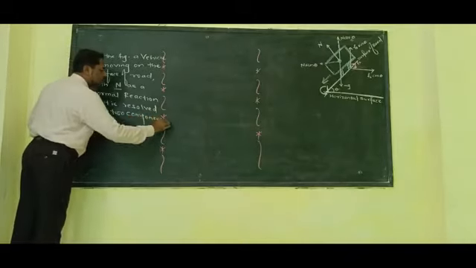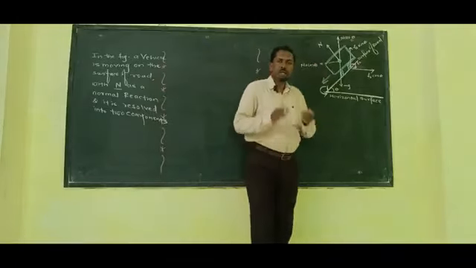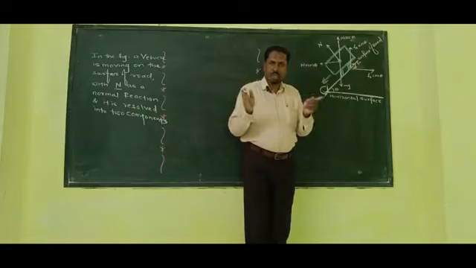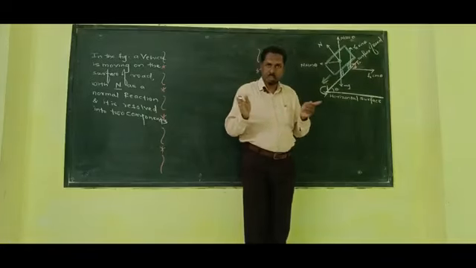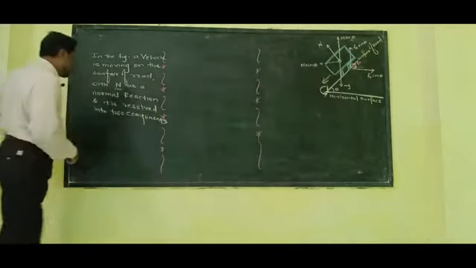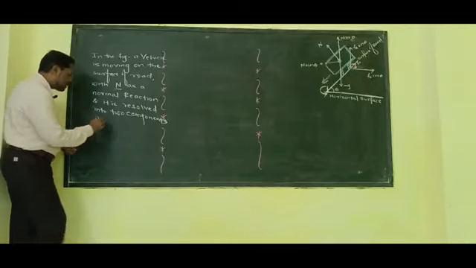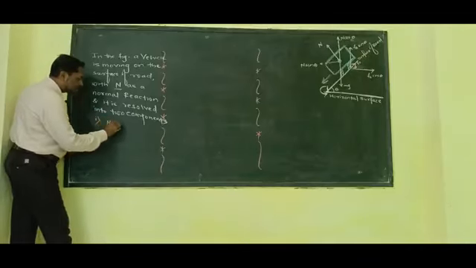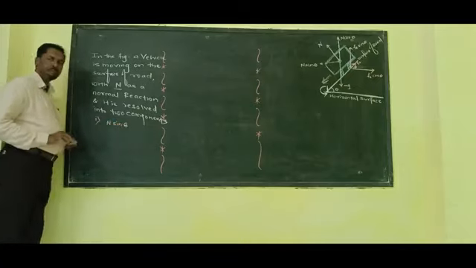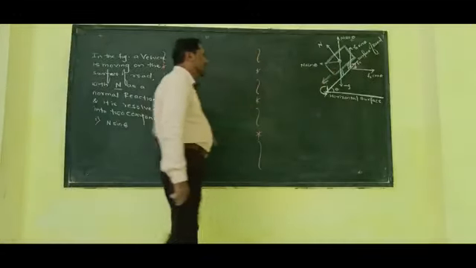All these things we are observing in the diagram. It is split into two components. The first one is called N sine theta. Okay, the first component is N sine theta.